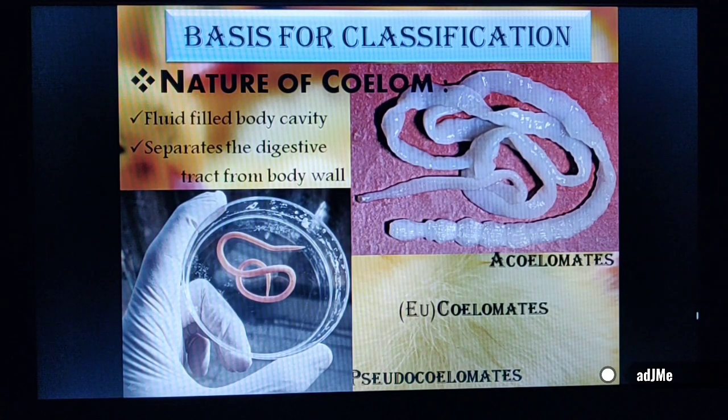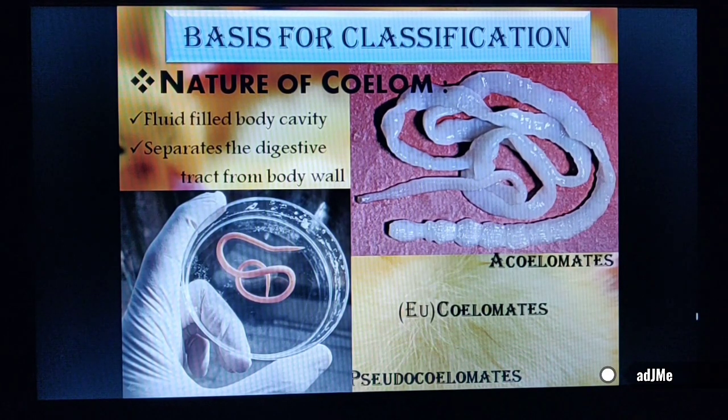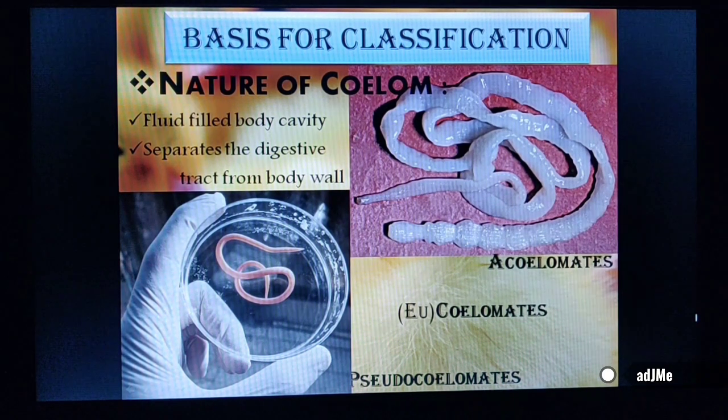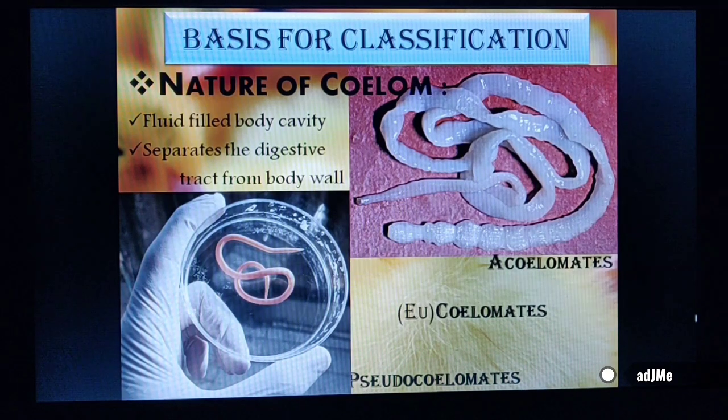But roundworm appears like a thread, like the thread that you tie answer papers with. The length also will be smaller, almost the size of that thread, and you don't come across segmented bodies. That makes the difference between tapeworm and roundworm.